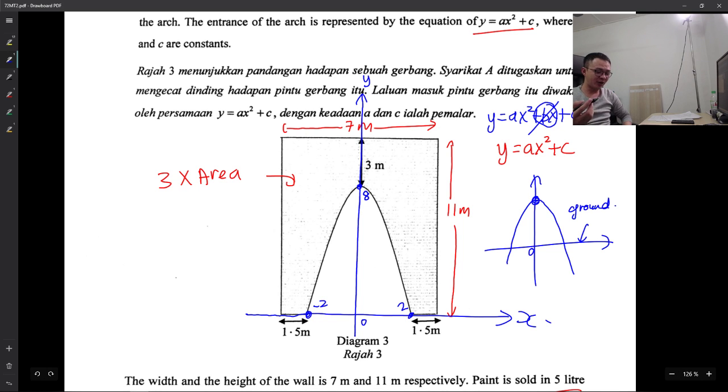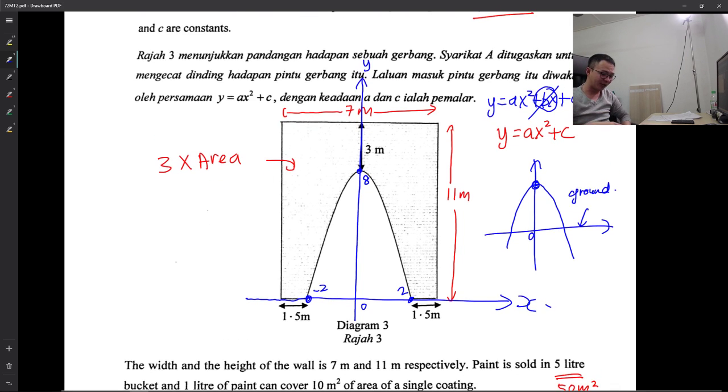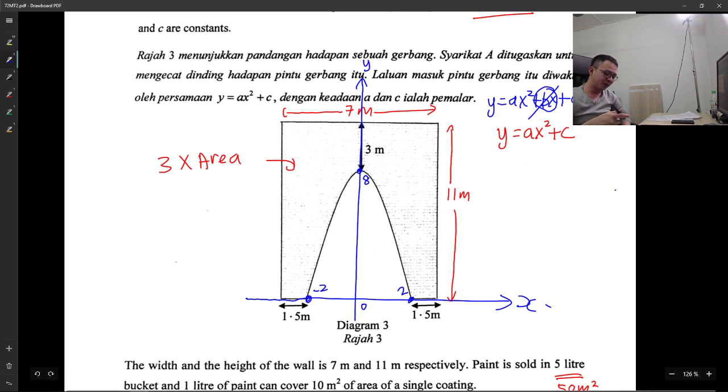Since you now have all this information, you can start to find the values of a and c first, before you do the integration. Because this is 8, this coordinate is called (0, 8). So I can easily sub the 0 into x here plus c, and I know my c equals 8. So my y will equal ax squared plus 8. Then I will use any of the other coordinates.